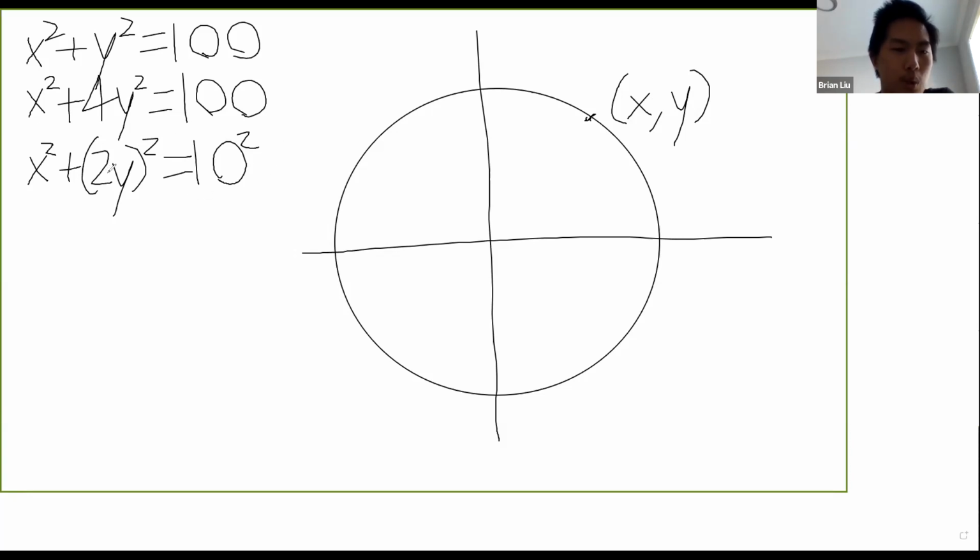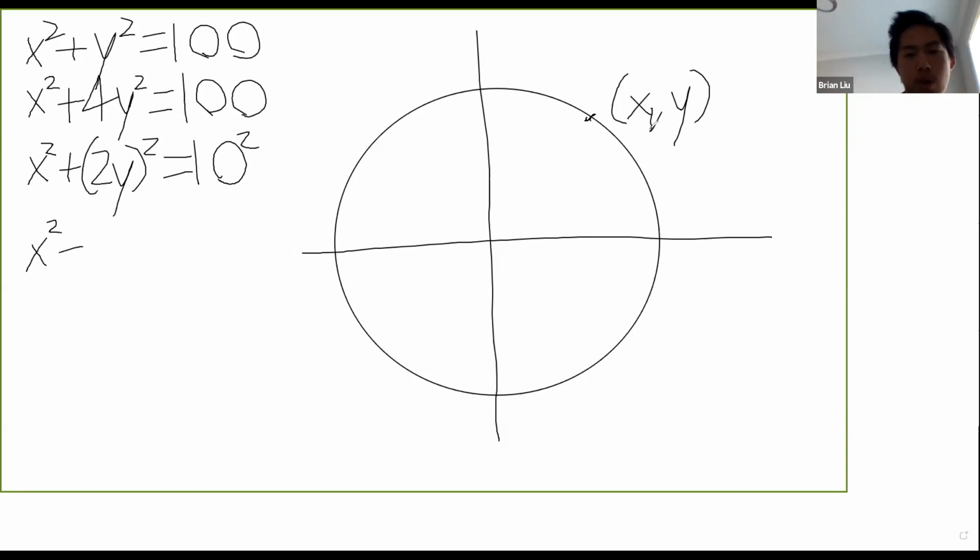So if plugging in y to this works, then 2y, for x, y to work here, we would have to plug in 1/2 y.